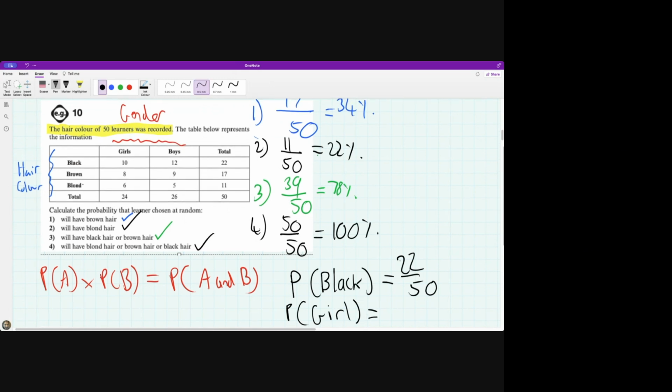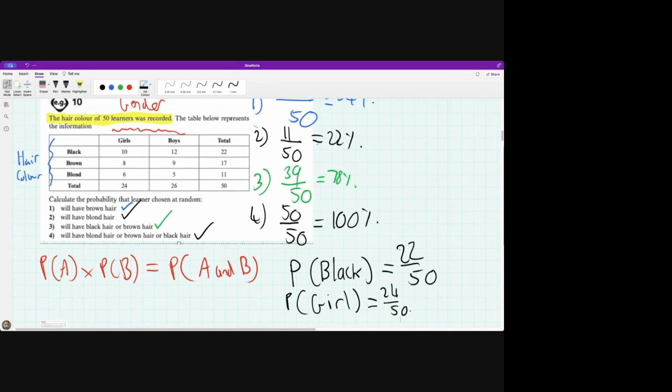Notice how I'm choosing from a different event here. Tell me what you get for that. So if I look at the column with girls, there are 24 out of 50 girls.